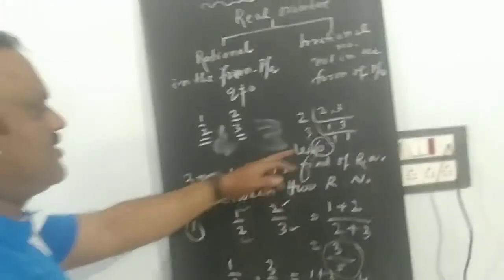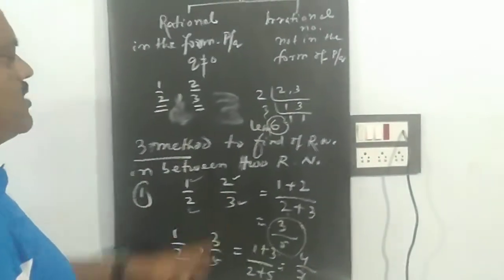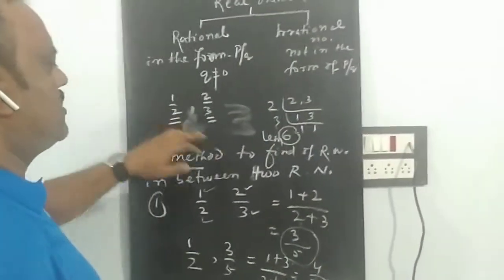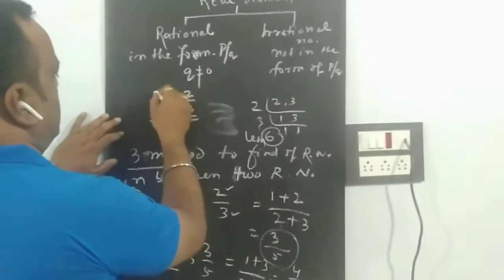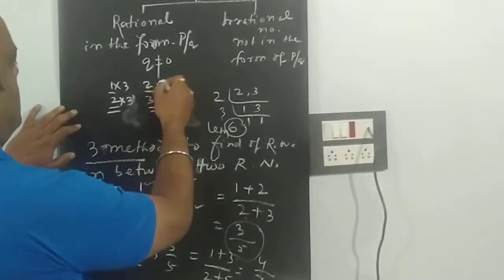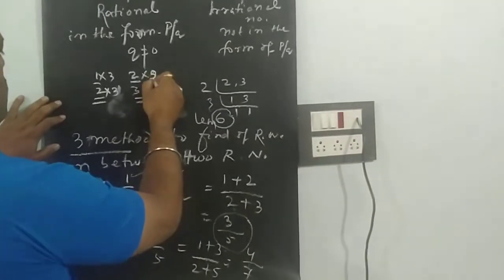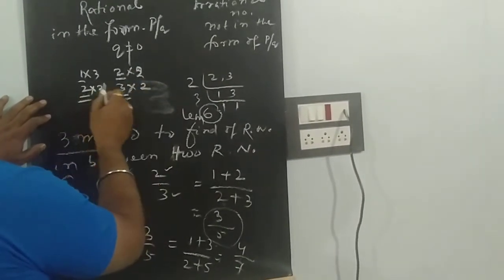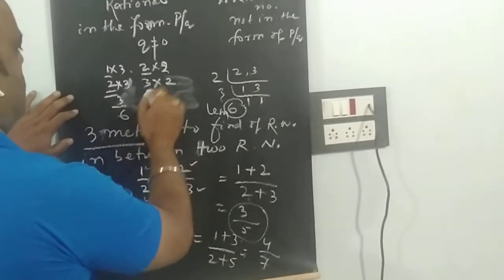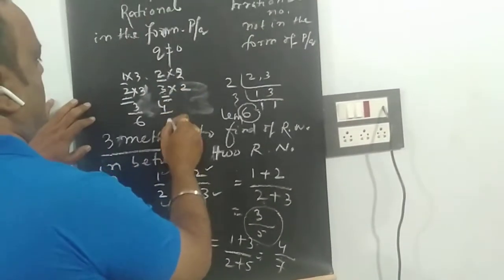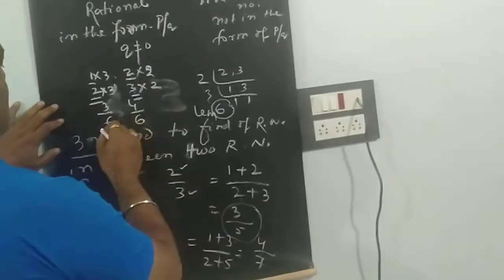You convert the denominators into 6. How can you convert it? You multiply by 3 in the first and by 2 in the second. 2 threes are 6 and 1 three is 3. Here 2 twos are 4, and 3 twos are 6.